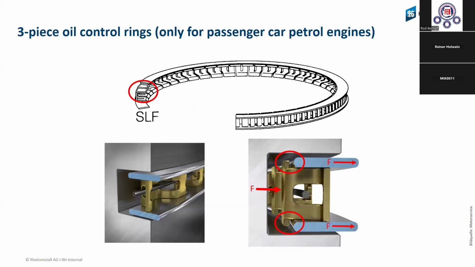This application is what you will find in the petrol car, and it is completely different in construction. We have two small shims on the top and the bottom side, and behind these two shims we have a very, very small special spring, and with the nose on the spring, they press the two shims to the surface and scrape the oil down.